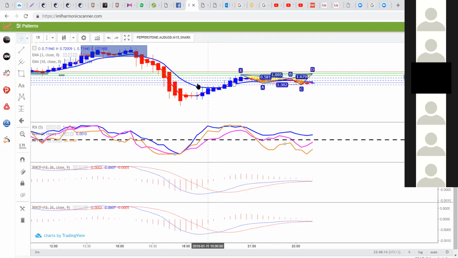Once you see that, and you see the cross on your EMAs, and then you see RSI, MFI, and momentum, we can call it RMM. Once you see RMM, the three lines, cross above this 50 line, then you go in.